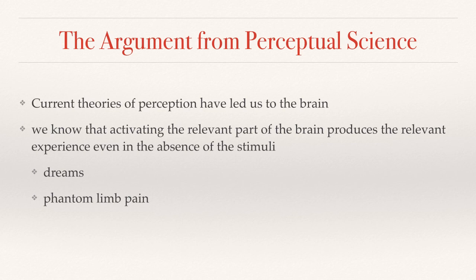So phantom limb pain is a very real phenomenon whereby there are people who are missing limbs, but who nonetheless say sincerely, and we believe trustworthily, they say they're in pain in the limb which is missing. So we have a case of a person who's missing their arm, but yet who claims that the arm hurts.